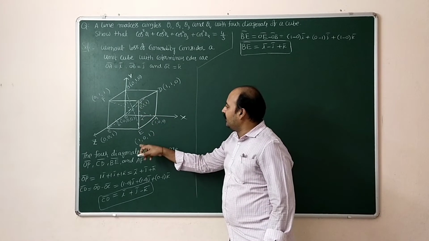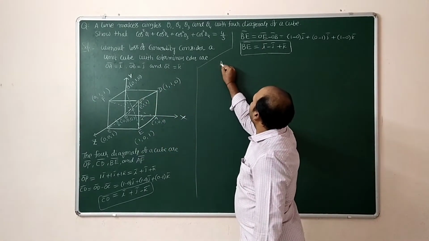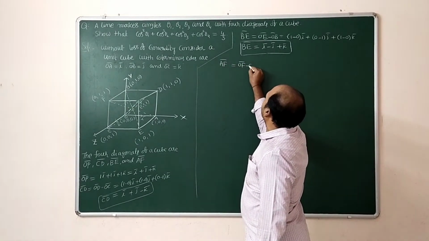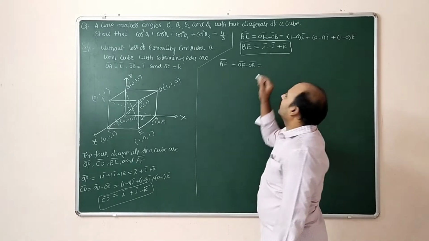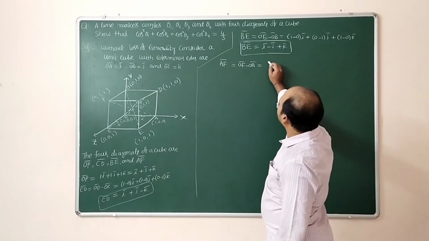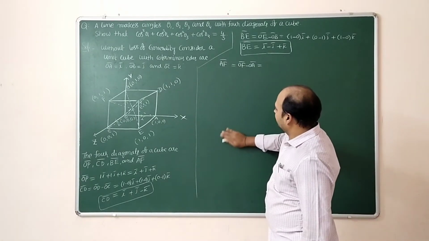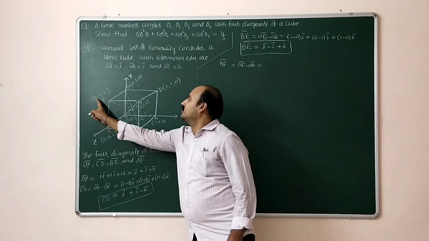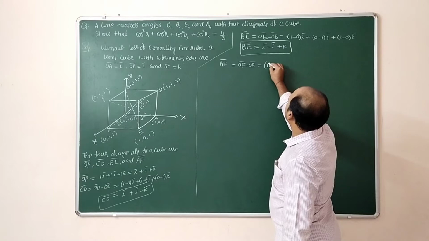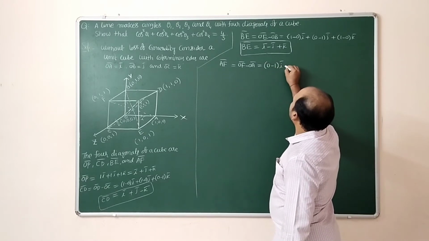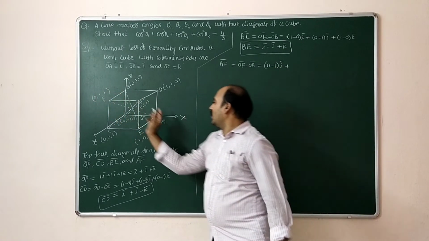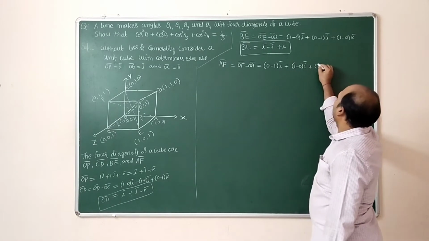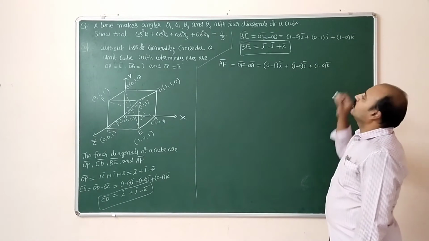Next, after BE, AF bar equals OF minus OA. OF value, OF means this one. (0 minus 1) into I bar plus (1 minus 0) into J bar plus (1 minus 0) into K bar.